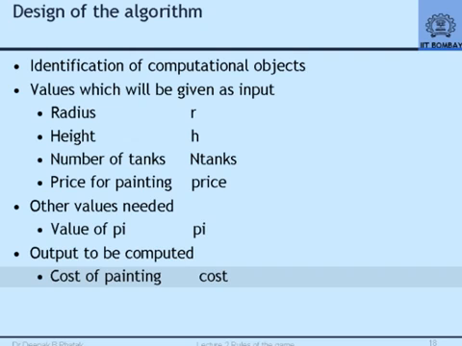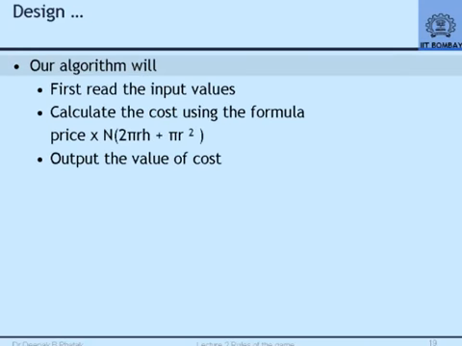So, the cost of painting I denote by price. What is my algorithm? Algorithm is very simple. First read the input values, then calculate the cost using the formula price multiplied by n into (2 pi r h plus pi r square), and then output the value of the cost. Simple.